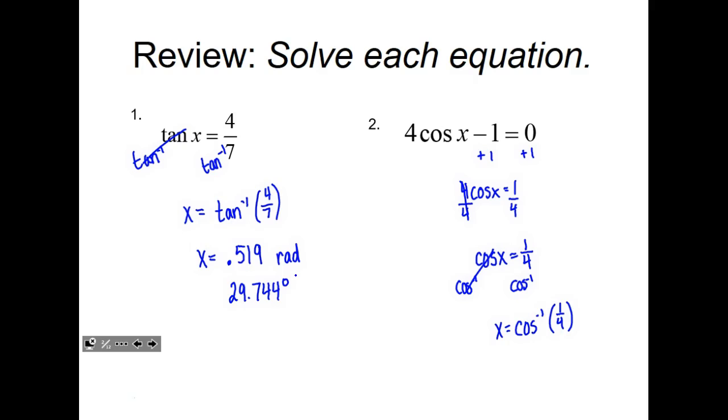What do you guys get? 75.5 degrees, or if we did radians, 1.318 radians. It doesn't really matter which one you use there. We're not going to be using our calculator, so it won't be an issue which mode you're in. This is just to introduce us to recognize that we do know how to do these a little bit already.